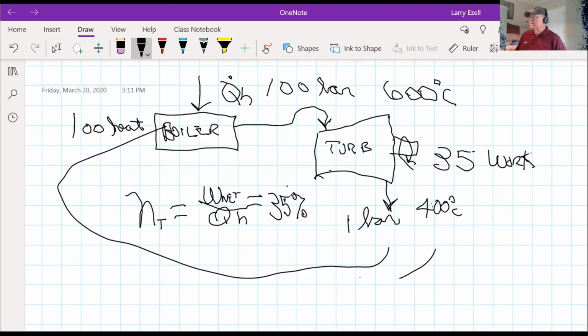All right. The second law tells us you cannot take all these 100 units of heat and convert it into work. By the way, a couple of things I want to mention about the second law. There's no real easy way to say the second law. The first law, you can say energy is conserved, or the energy is converted from one form to another according to the energy equation.